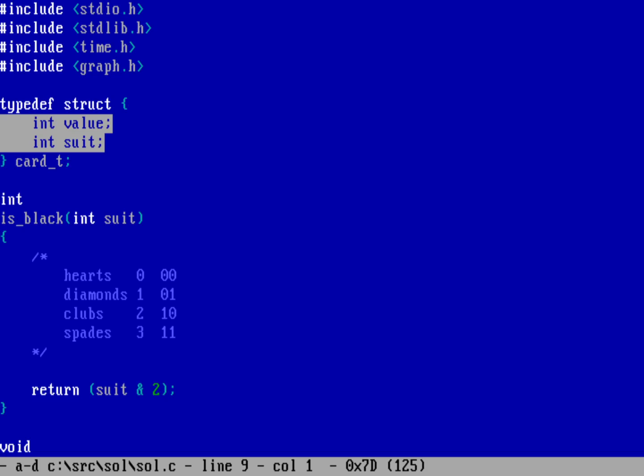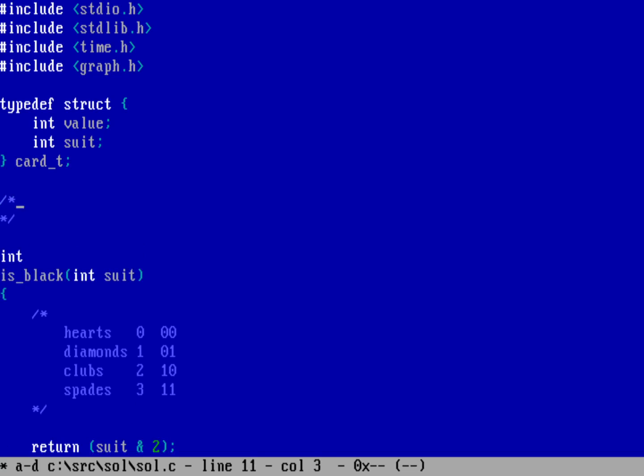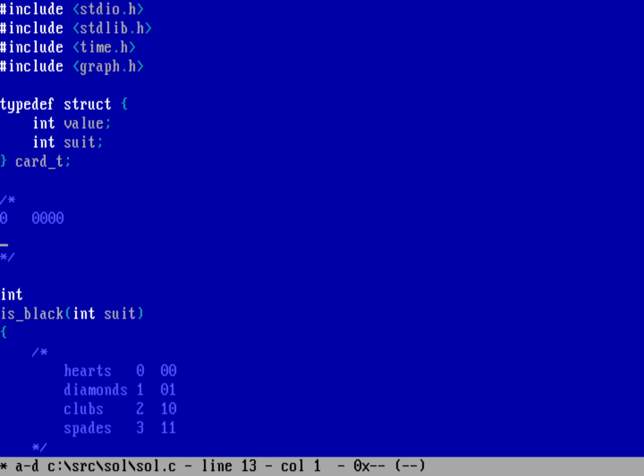But if I was really, really worried about how much memory my computer was using on this game, I could optimize that a little bit. I wanted to write something here as a comment just to show what it looks like. So remember, the value goes from 0 to 12. So obviously 0 looks like just the bit pattern of 0, 0, 0, 0.